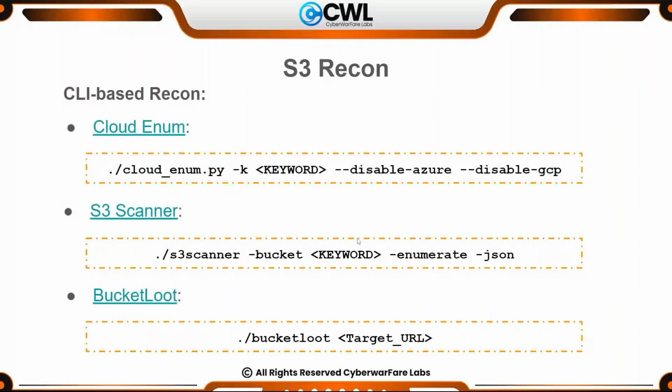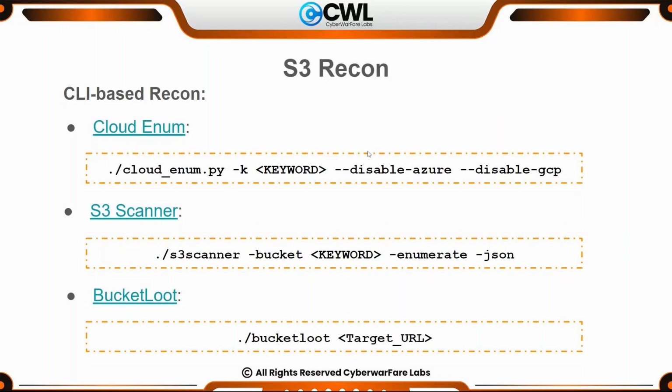The next tool we have in our bucket is S3 scanner. The S3 scanner tool searches for S3 buckets based on a specific keyword. Here we have the S3 scanner script at the front of the command. Then we have dash bucket, where we have to enter any keyword related to the bucket name.